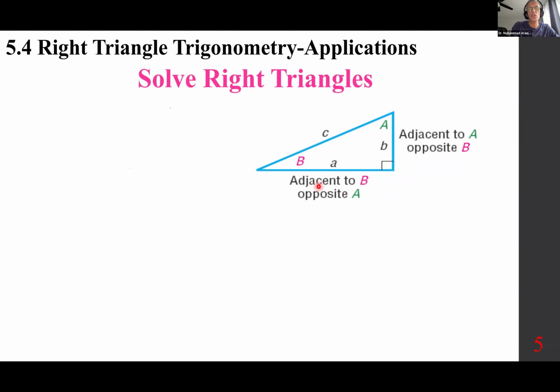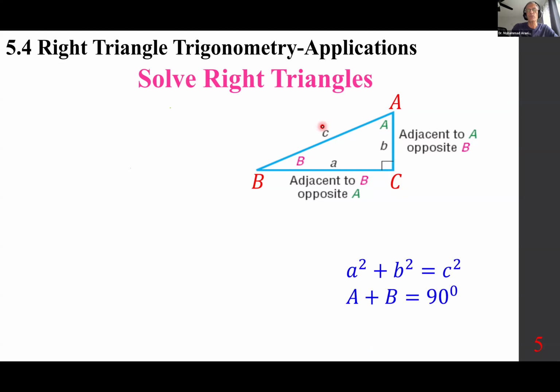So this side is adjacent to B and opposite A, and this is adjacent to A and opposite B. The way we name the vertices is A, B, C. Across from A is lowercase a, across from B is lowercase b, and across from C is lowercase c. So lowercase letters represent the sides.